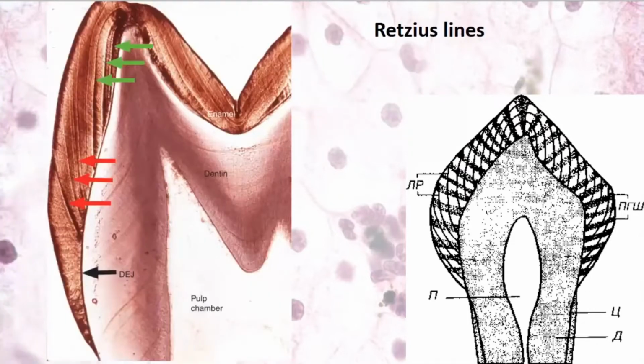And also there are other lines that follow the surface of enamel. We can find them here. They have a tangential direction. Those lines correspond to periods of mineralization of enamel during formation, during odontogenesis.